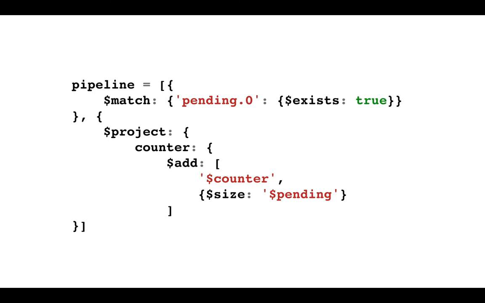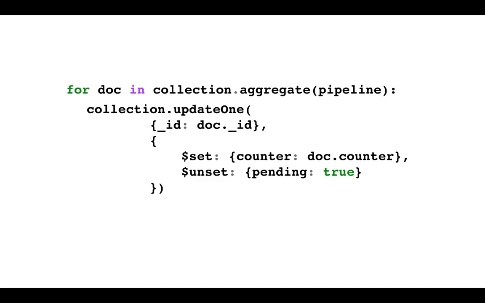Now, this will return a bunch of results of truly correct counter values. And what we're going to do is loop over them. For each document in the aggregation results, we're going to update it, and we're going to set the counter to the sum of the original counter and the length of the pending array. And we're going to clear the pending array by unsetting it.